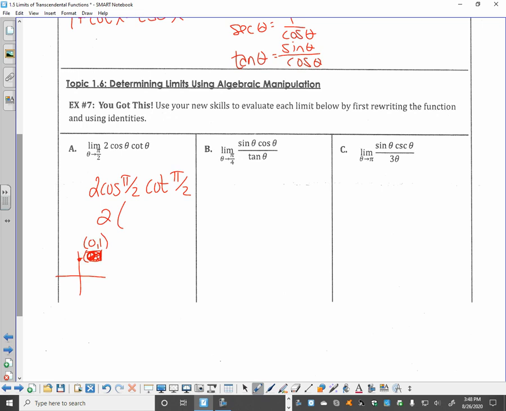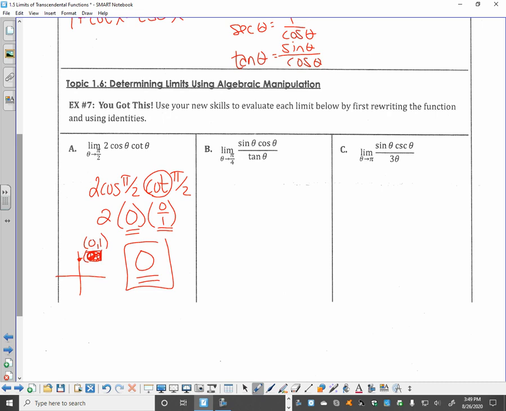So 2 times cosine of pi over 2 is 0. And cotangent of pi over 2, we just need to make sure that it's defined and then let the 0 in. Cotangent is cosine over sine, so that's 0 over 1, which is a 0. So that limit is 0. If that was a tangent, then this would be undefined, and this answer would be undefined.